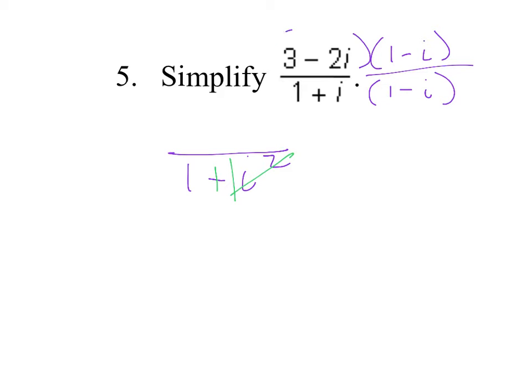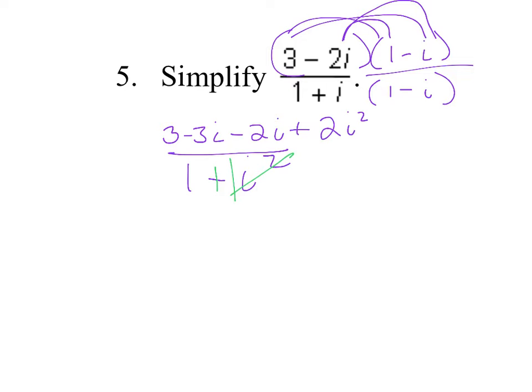Now I've got to FOIL the numerator. So I've got 3 minus 3i. And I've got negative 2i and a plus 2i squared. So negative 2i plus 2i squared. But i squared makes this negative. All right, so now I got to put this all together.